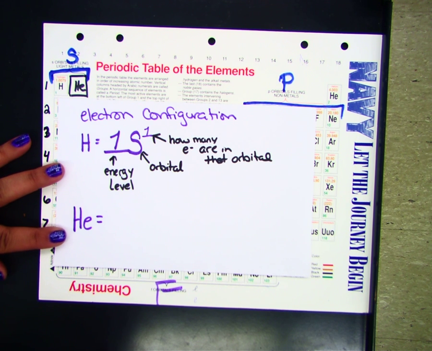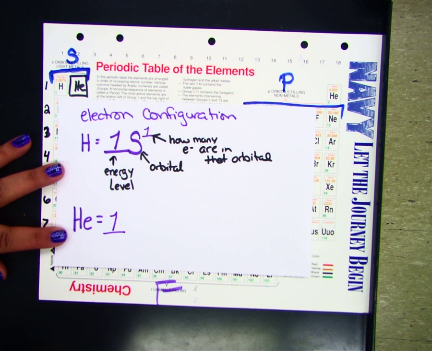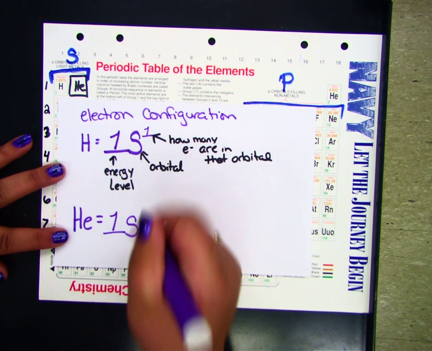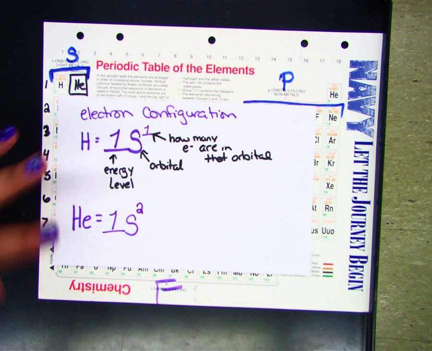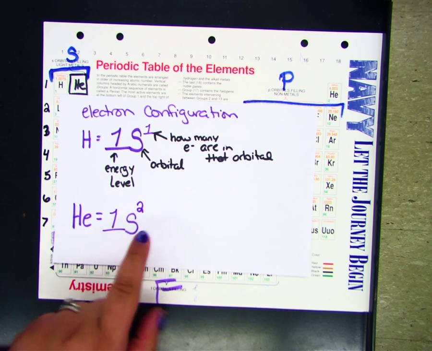Here's why. We're going to do the electron configuration for helium next. What energy level are all of the electrons in? 1. What orbital are they in? S. And how many electrons live in that orbital? 2.